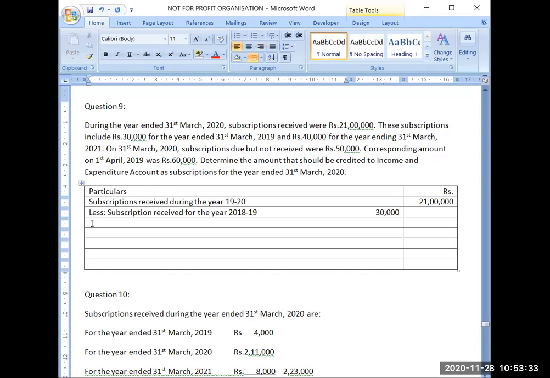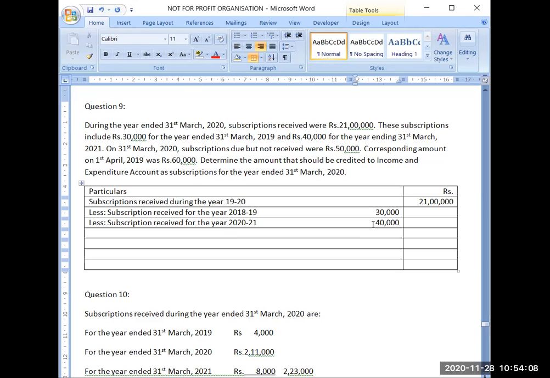Then again, we have received some amount for the next year that will also not be part of the current year income. So less: subscription received for the year 2020-21. For the next year we have received rupees 40,000. So that's why this will also be deducted from it.